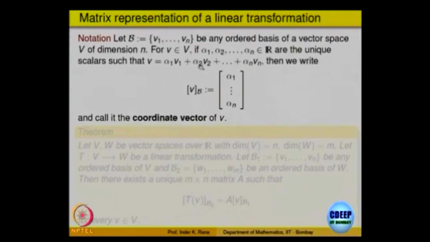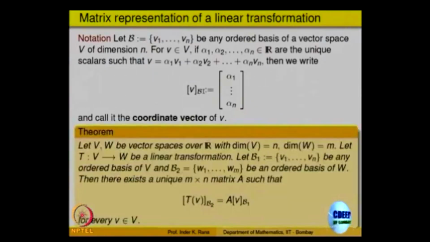These unique scalars alpha 1 to alpha n, if we put them as a column vector, are called the coordinate vector of the vector v. These are called the coordinates: how much you have to go in the direction of v1, alpha 1, in the direction of v2, alpha 2, and so on.